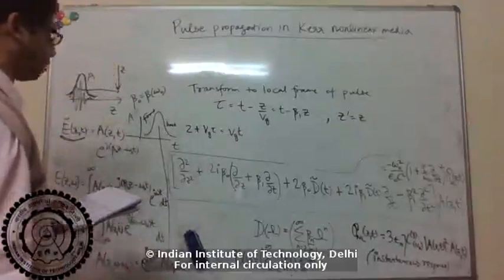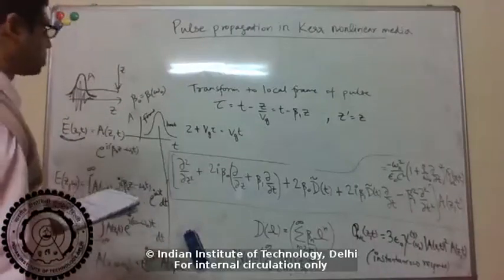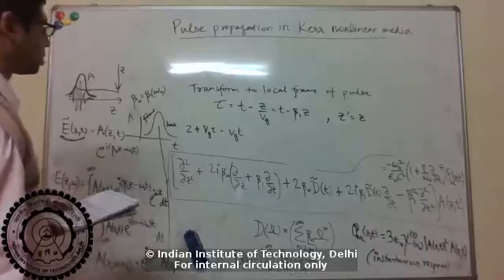That we remain in this Z minus Vg of t is equal to Vg of tau.